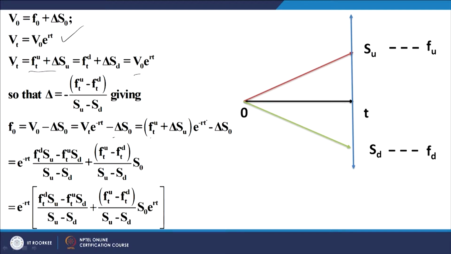We plug in the values of delta, we get e to the power minus rT into this whole expression. And if we take e to the power minus rT common, we get this expression. This gets multiplied by e to the power rT, because we are taking e to the power minus rT outside the brackets. This is what we had in the previous slide.